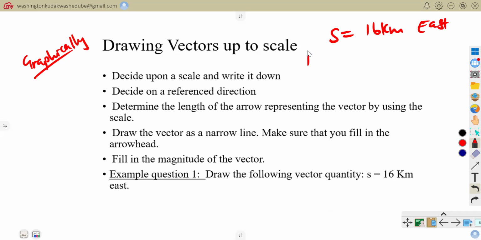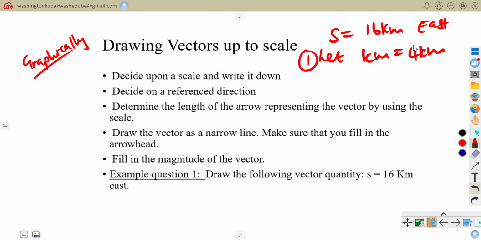Now, the first step is to determine your scale. So let 1 centimeter represent 4 kilometers. Why? Because I know that 16 is a multiple of 4.